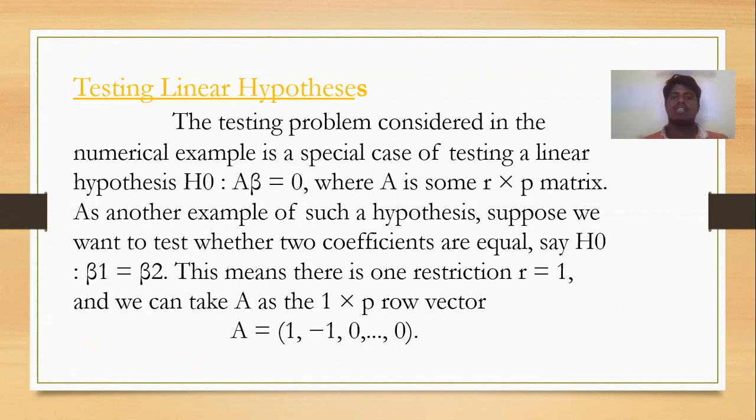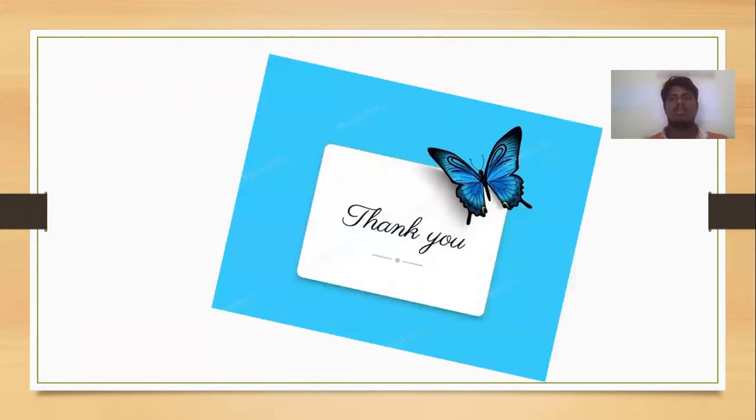This means there is one restriction, that is r = 1, and we can take A as the 1 by p row vector, with entries of positive and negative values, including 0 in between. Thank you all.